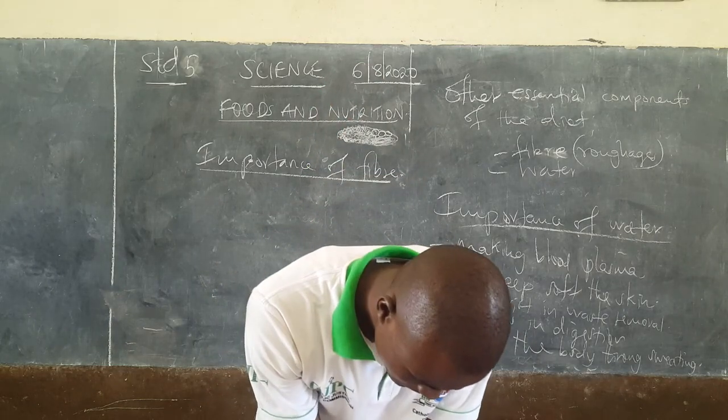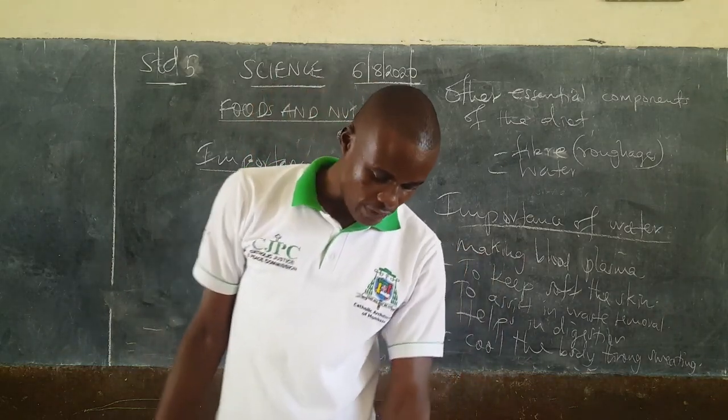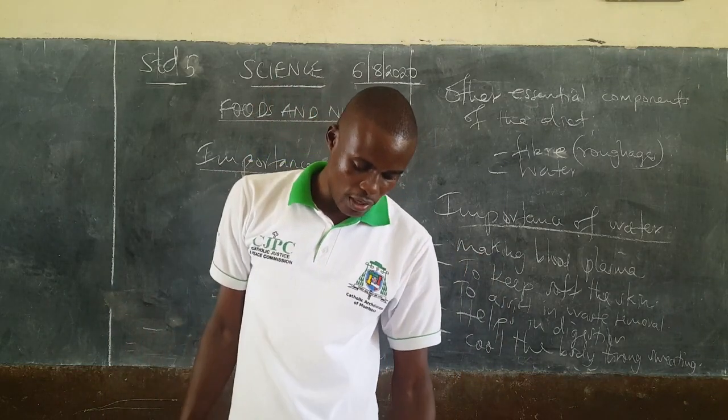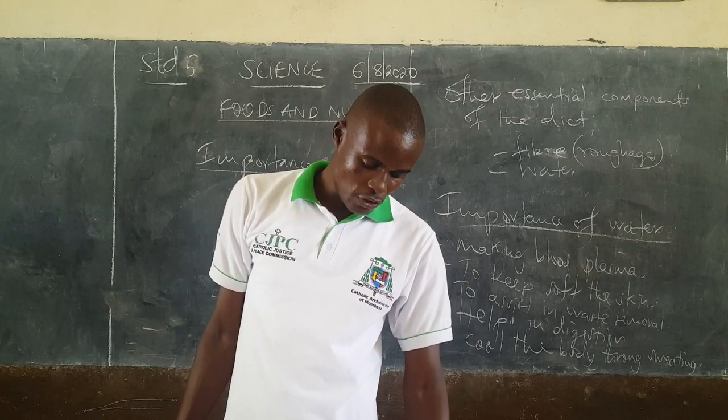So fiber are thread-like substances found in foods such as vegetables, grains and fruits. They are also known as roughages, as we have mentioned.